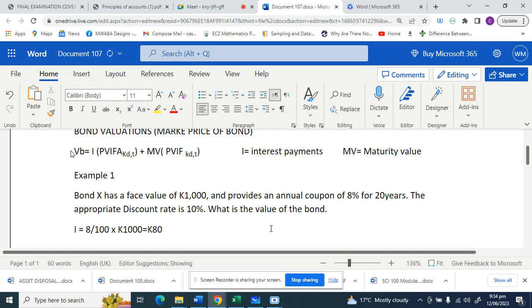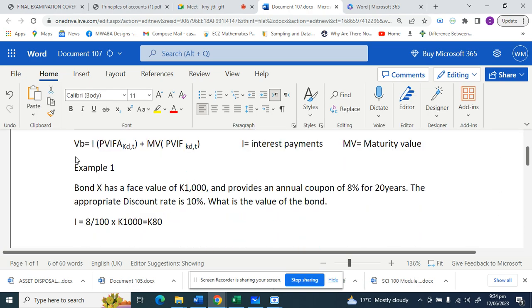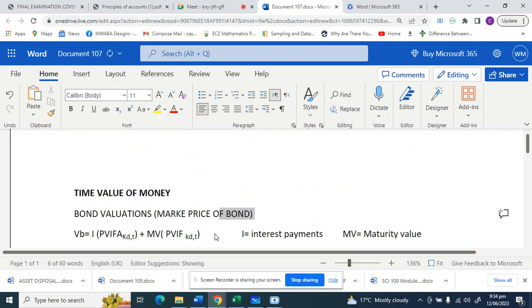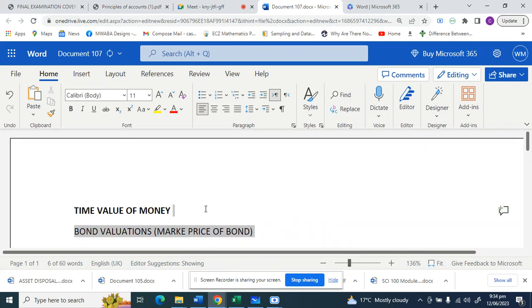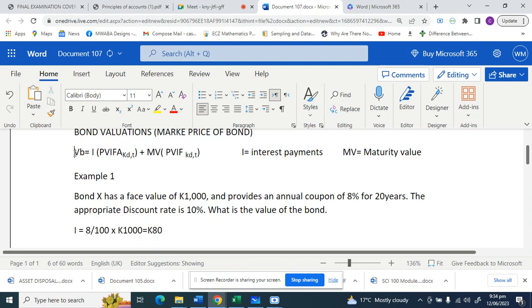So we can get our formula here. These interest payments represent an annuity.